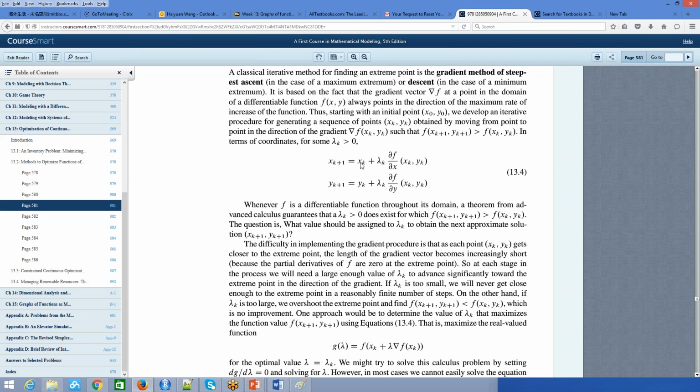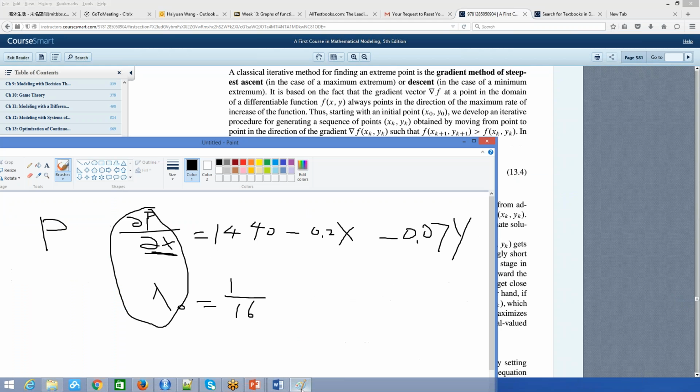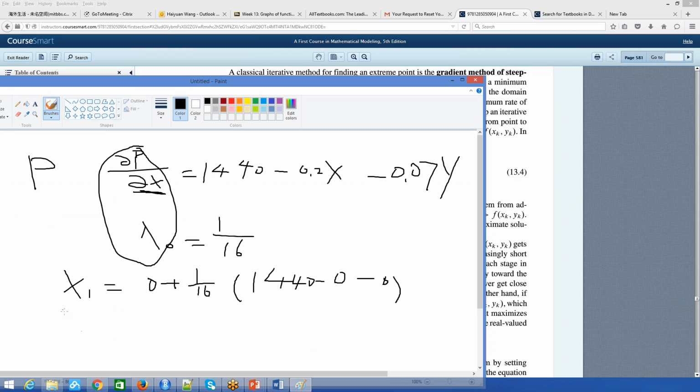And then x0 is 0. So you get your x1: 0 plus 1 over 16 times 1440 minus 0 minus 0, because we start with 0. So you get your x1. Correspondingly, you can get your y1.